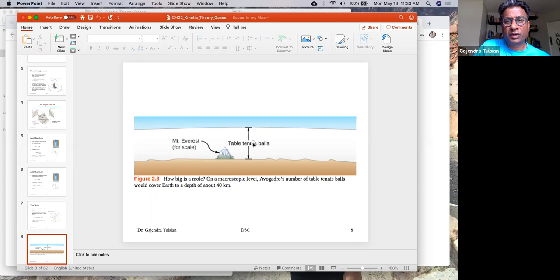If you took 1 mole of table tennis balls and threw them on Earth, they would spread out evenly and make a layer that thick. And there is Mount Everest, which is 9 kilometers tall. So Avogadro's number is really a big number.